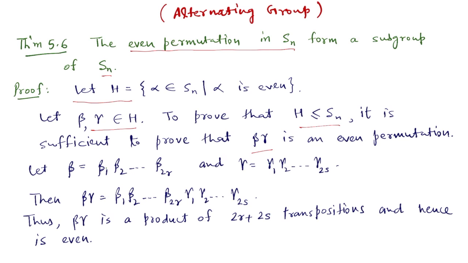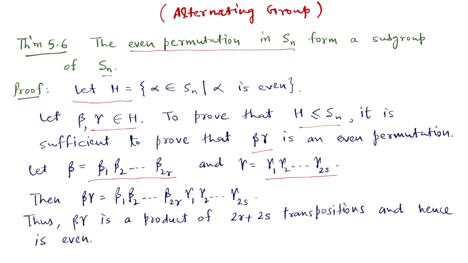Since beta is an even permutation, we can write beta as an even number of transpositions, say 2r transpositions, beta 1, beta 2 up to beta 2r. Similarly, gamma is also a product of 2s transpositions, an even number of transpositions.